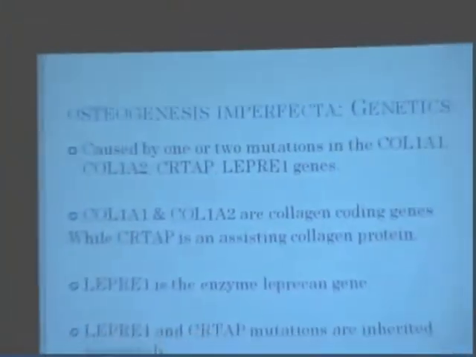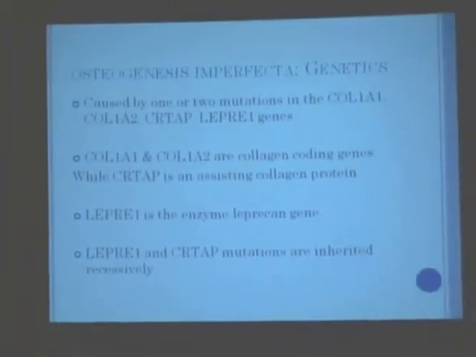Osteogenesis imperfecta, the genetics. It's caused by mutations in COL1A1, which is collagen 1 alpha 1, collagen 1 alpha 2, CRTAP, which is a collagen assisting protein, and LEPRE1, which is the leprechaun enzyme gene.